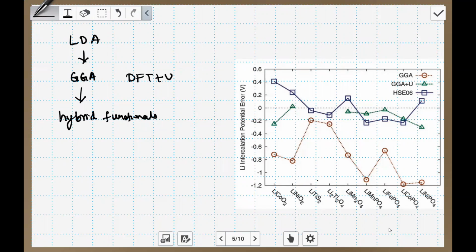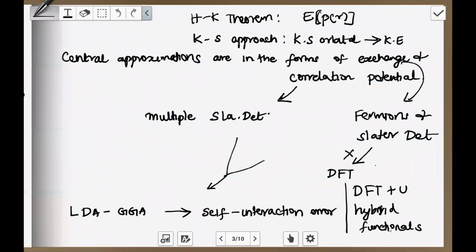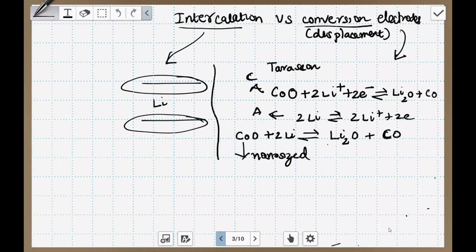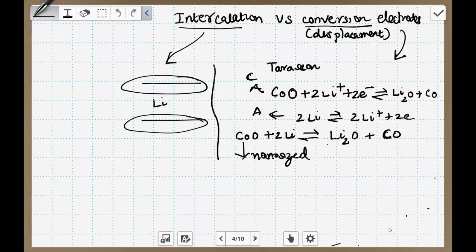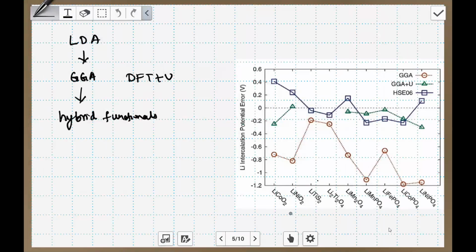Okay, so what is it that we are plotting here? For lithium, intercalation potential is plotted on the y-axis. So in effect we have calculated this particular quantity, at a particular state of charge, for different transition metal cathodes.